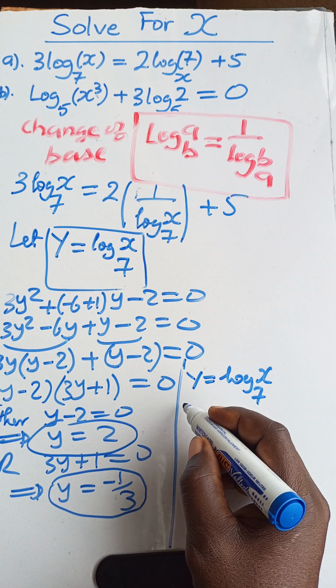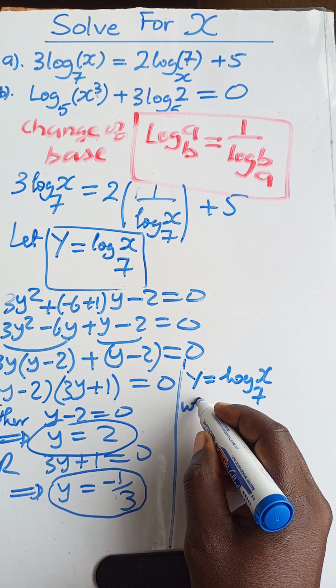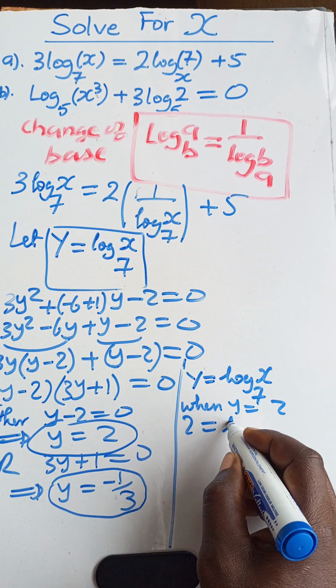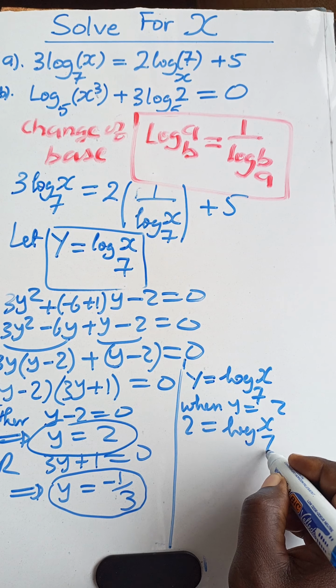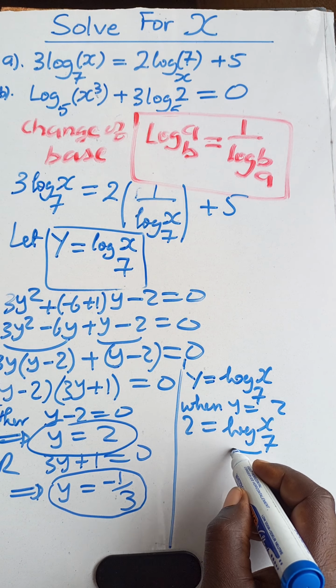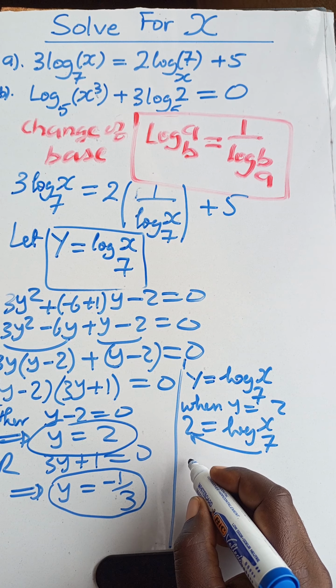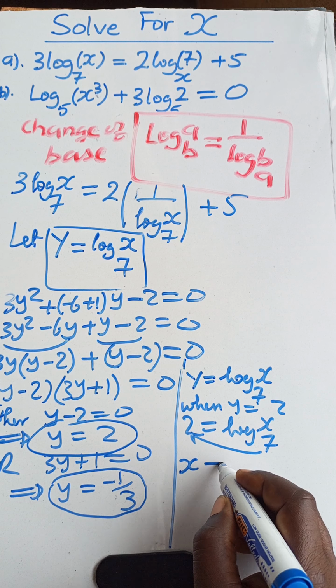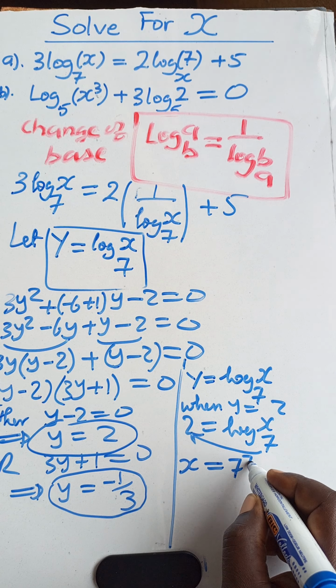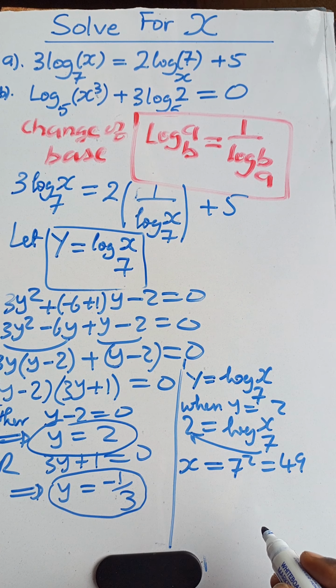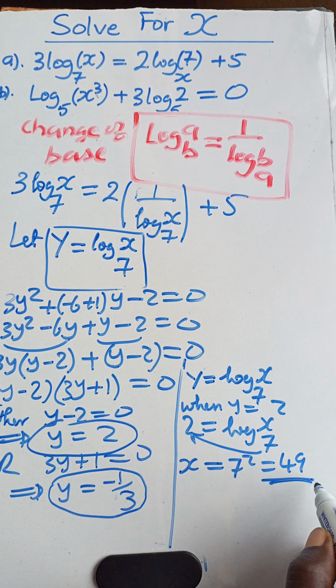When y is 2, we have 2 equals log x base 7. This means that 7 raised to the power 2 will give us x. So x is 7 squared, which is 49.